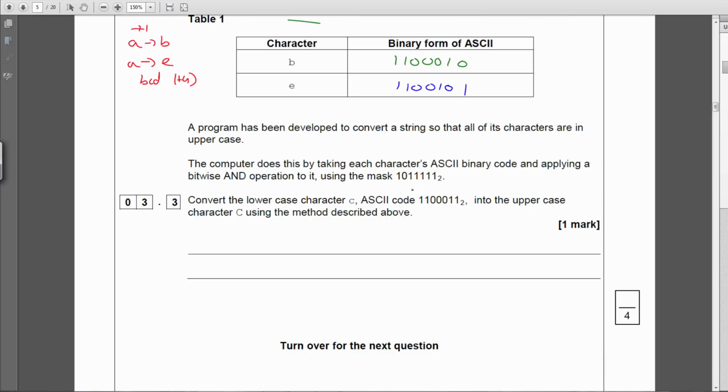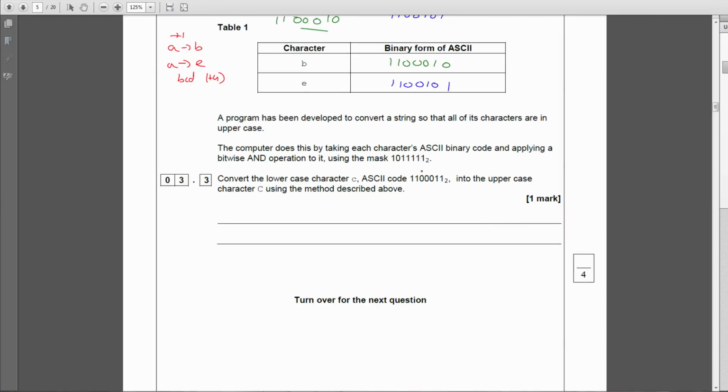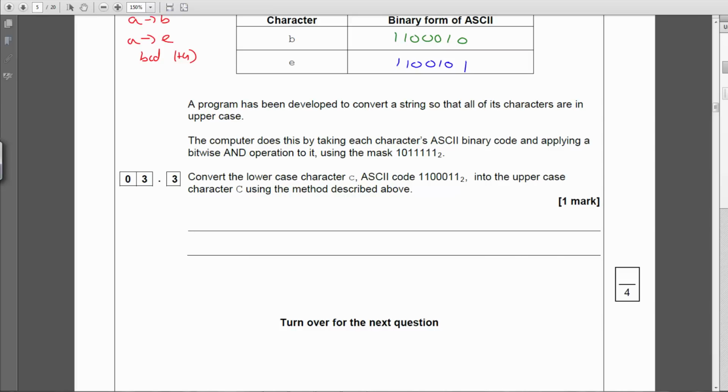A program has been developed to convert a string so all its characters are in uppercase. The program does this by taking each character's ASCII binary code and applying a bitwise AND operation to it using the mask this. A bitwise operation is an operation that performs on individual bits, or in this case, since we're using AND, on pairs of bits, so it deals with pairs of bits as opposed to a whole set of bits.